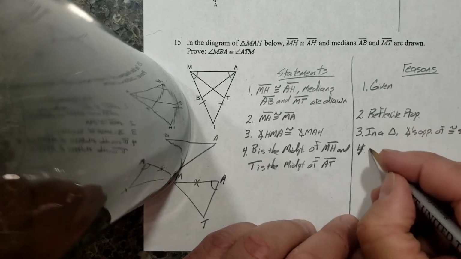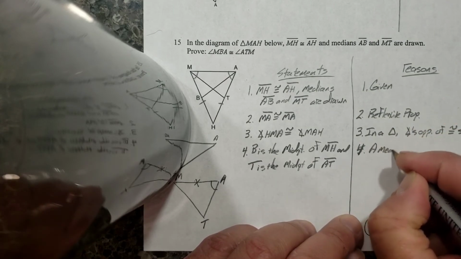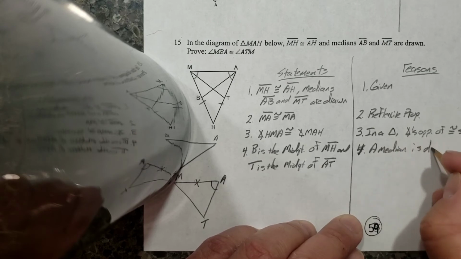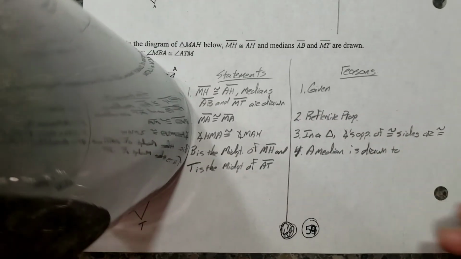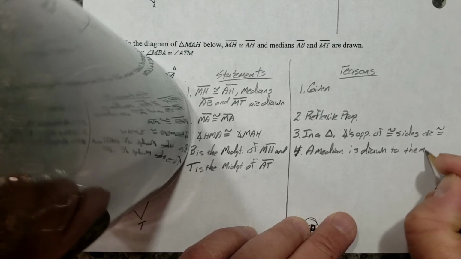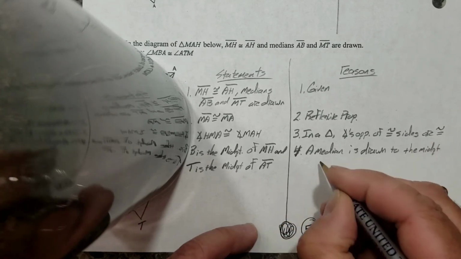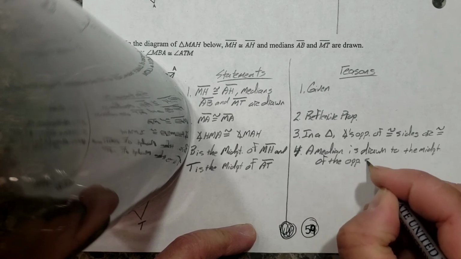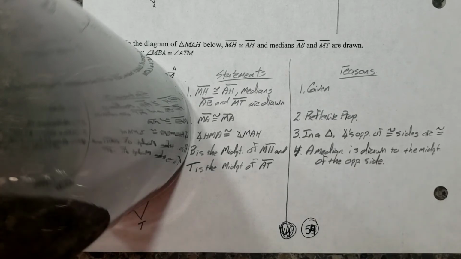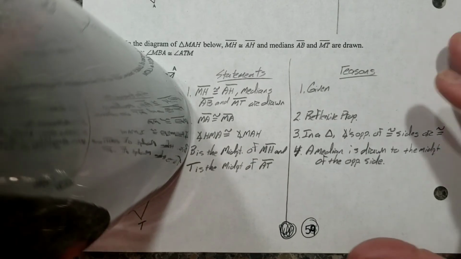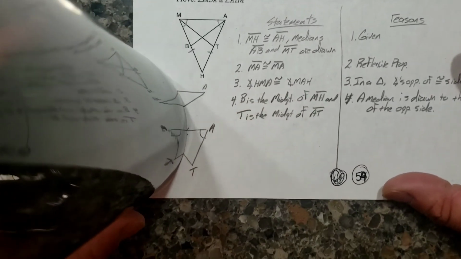And it says a median is drawn to, slide this over a little, the midpoint of the opposite side. Okay, that's what a median does. It goes from the vertex, basically that angle, to the midpoint of the opposite side.